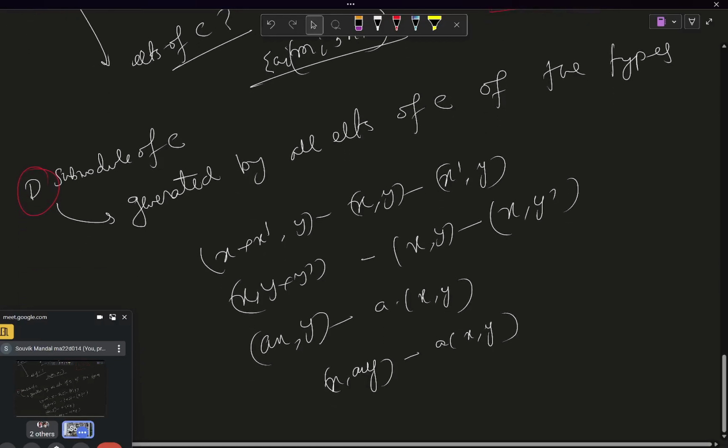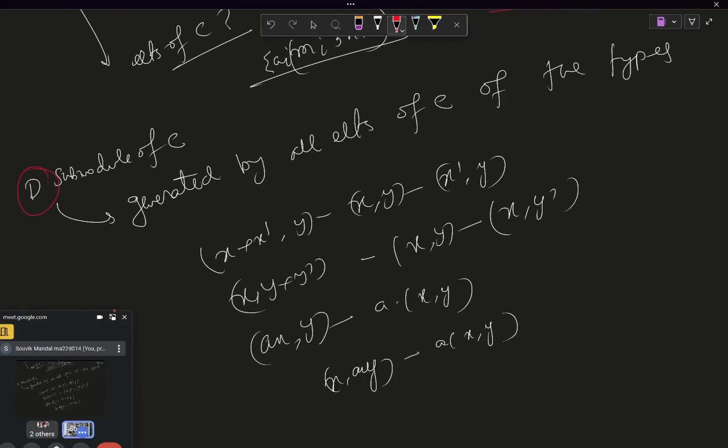If we call these elements X, Y, Z, W, then D is a submodule of C generated by this type of element, right? Don't be silent. If you have a problem, please tell me. D is generated by all elements of this type.